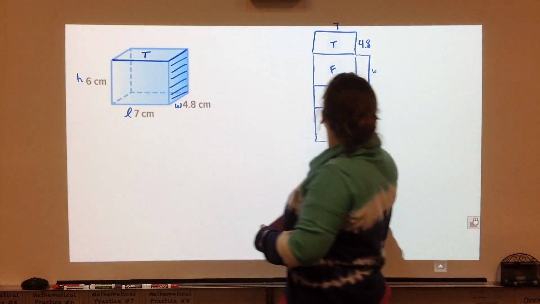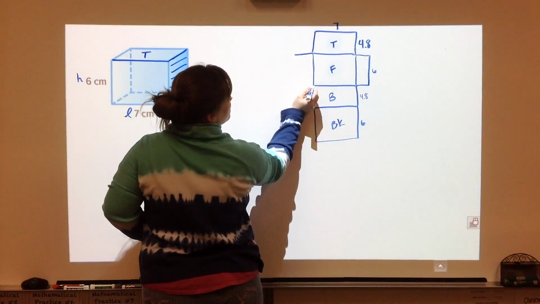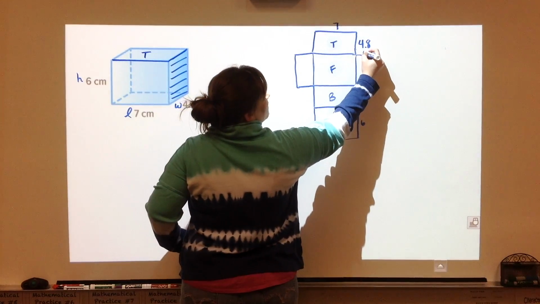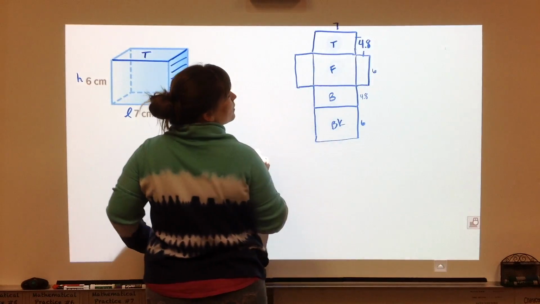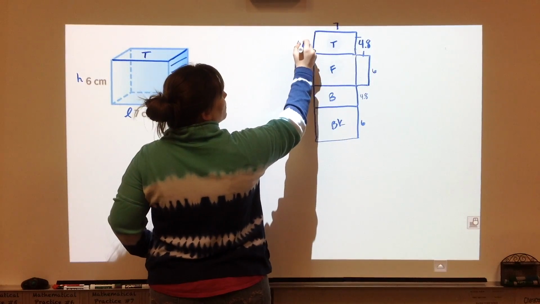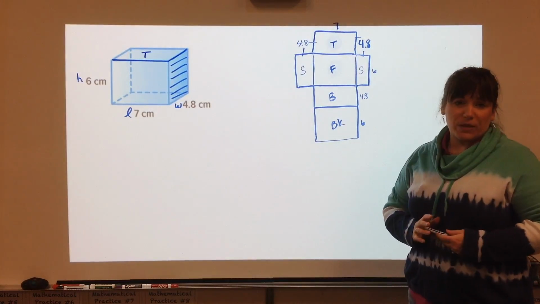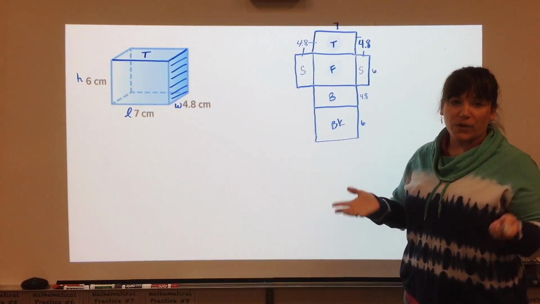This is still 6 on either end to make that T shape. And now I just have to draw a line to that 4.8, and this guy over here is also 4.8. That is our net.